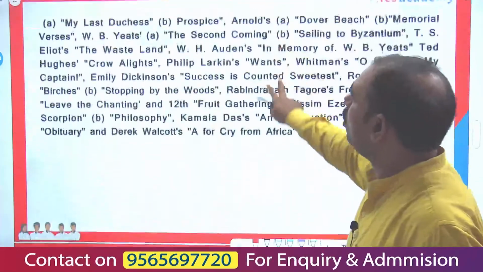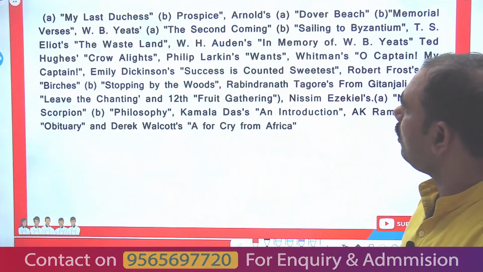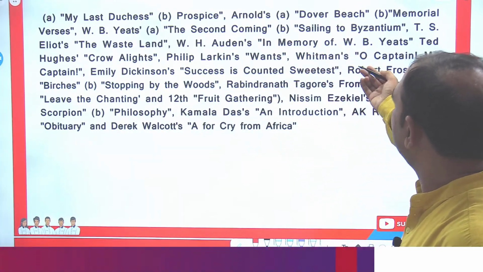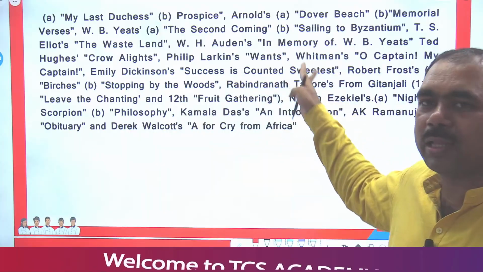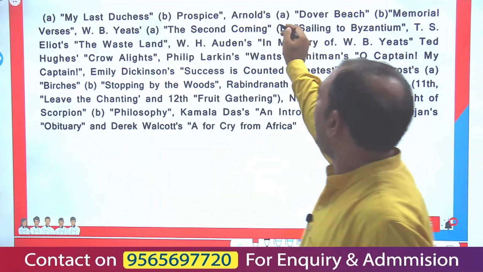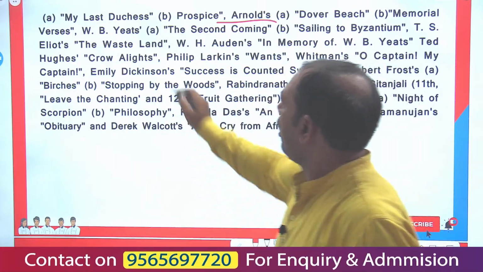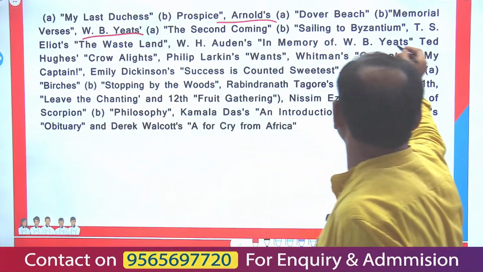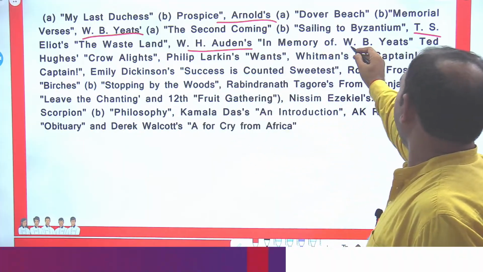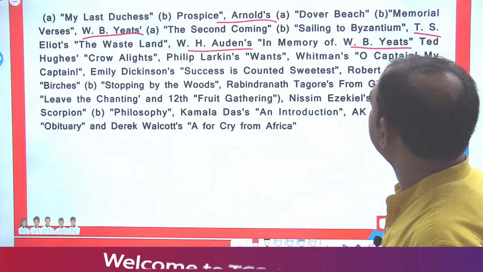Then we move on to My Last Duchess, Prospice, Dover Beach. This all you can see, these are the poems, and Arnold is the next in line, Yeats, T.S. Eliot, then Auden, Yeats again, next poem.